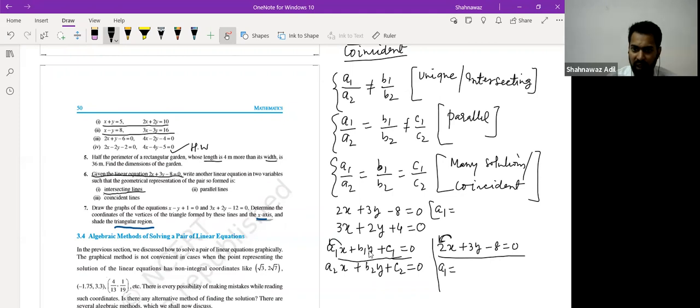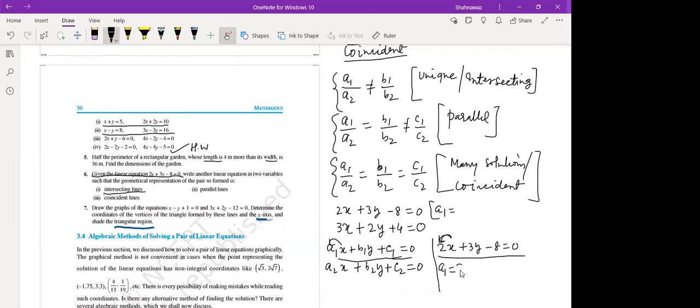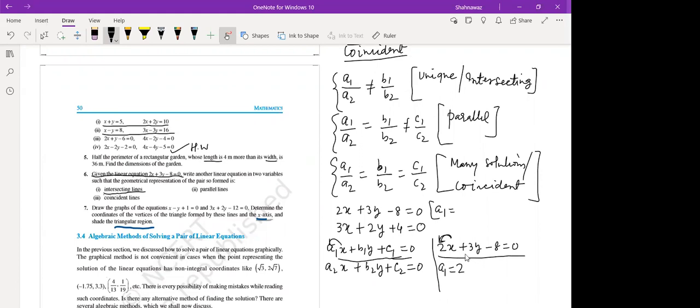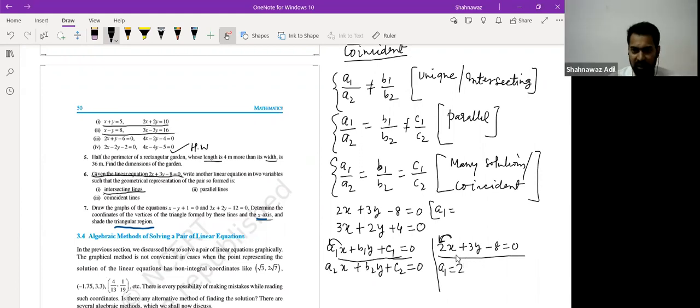So A1 will be equal to what, Adil? 2, right? Adil, did you understand? Yes. And can you tell me what will be B1? Just compare the y coefficient.